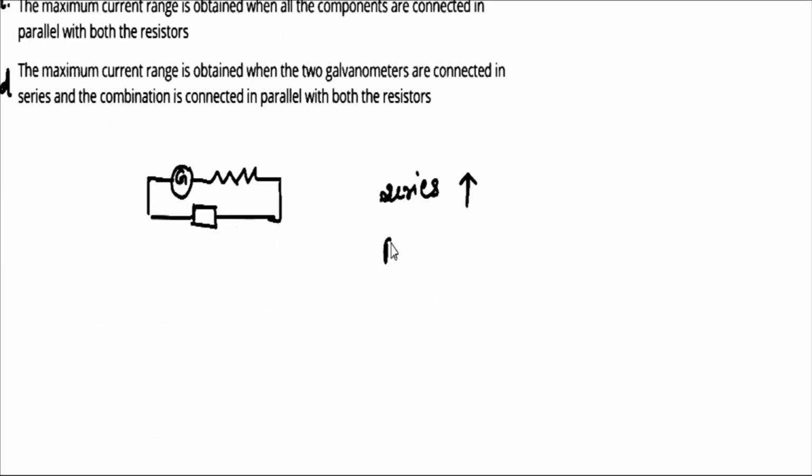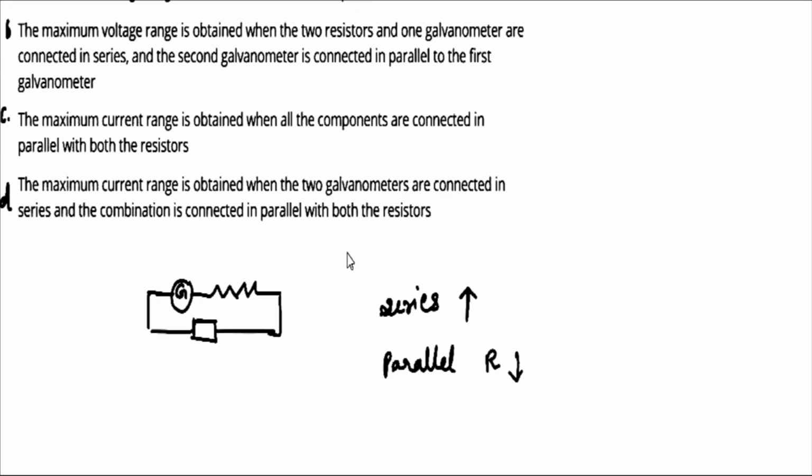But in the case of a parallel connection, the resistance decreases. So to get the maximum voltage range, the resistance should be connected in series. So comparing A and B, statement A is true because here all the components are connected in series.